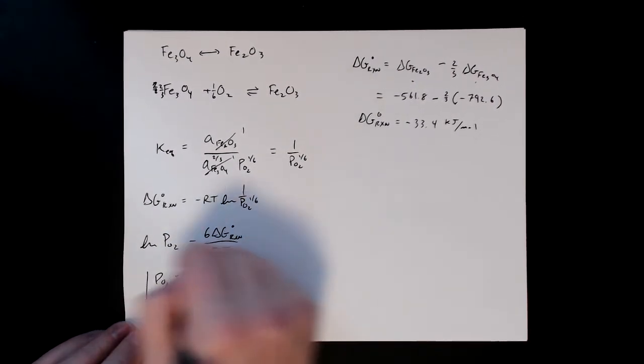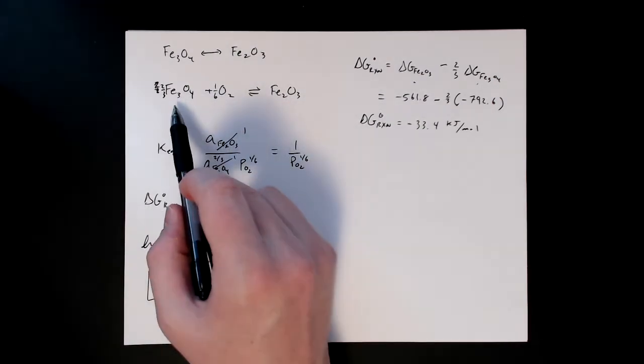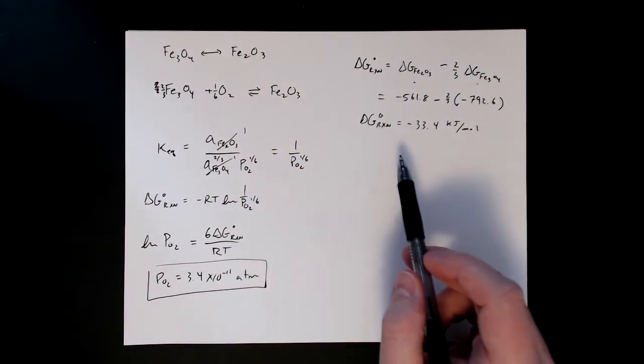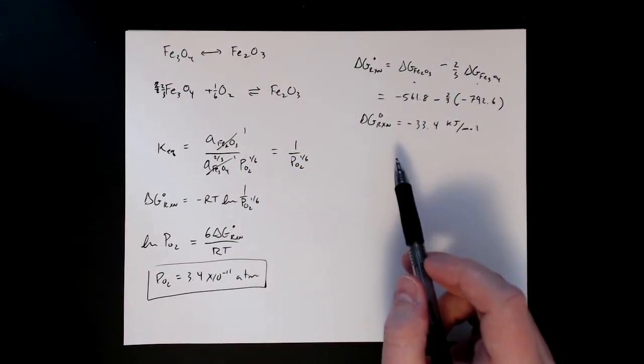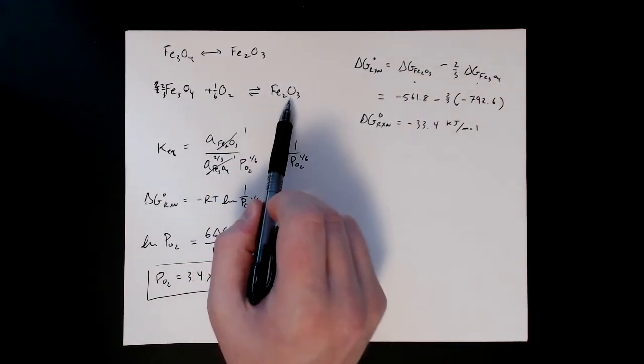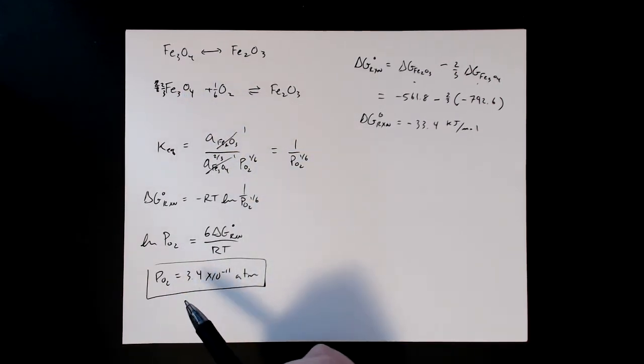So this is the pressure of oxygen at which both of these metal oxides are in equilibrium at 1,000 K. If we increase the pressure, we drive it towards this, and if we decrease it, we drive it towards this side. That's what this is telling us.